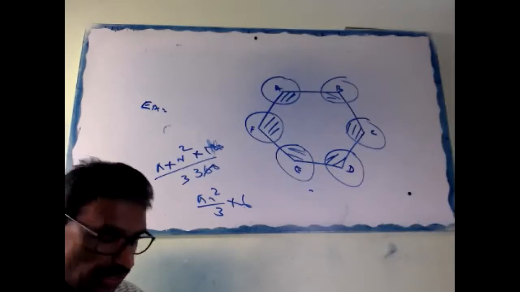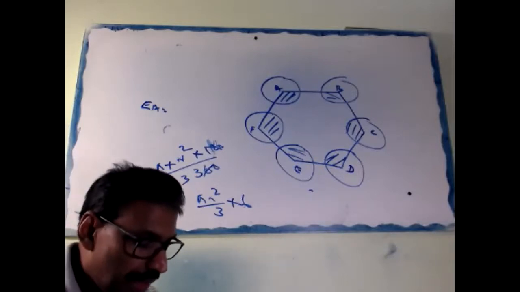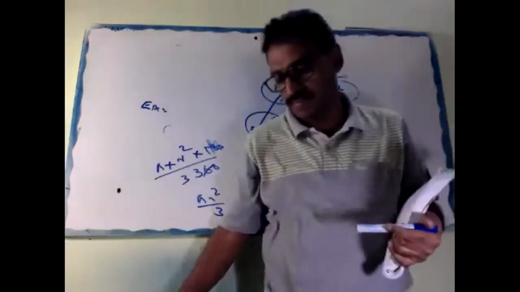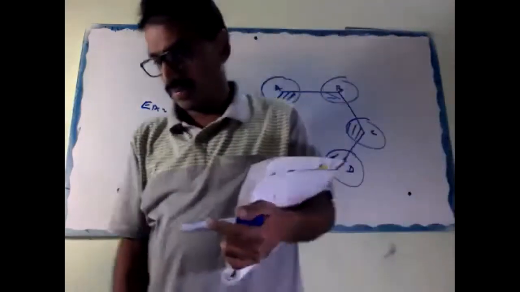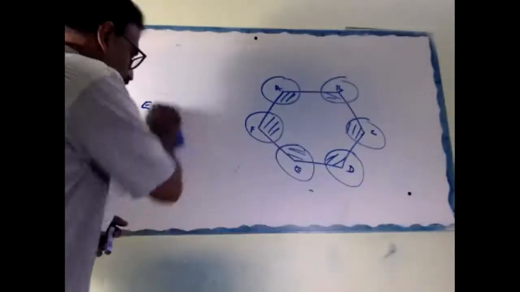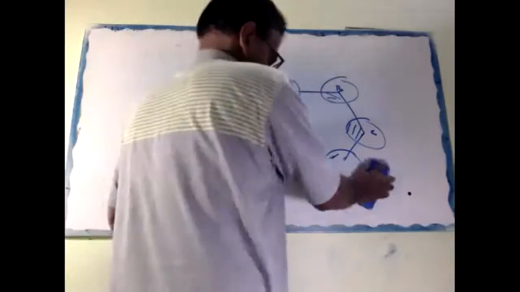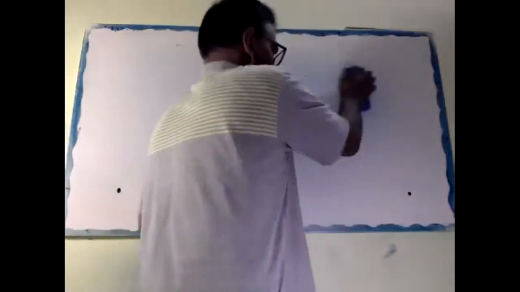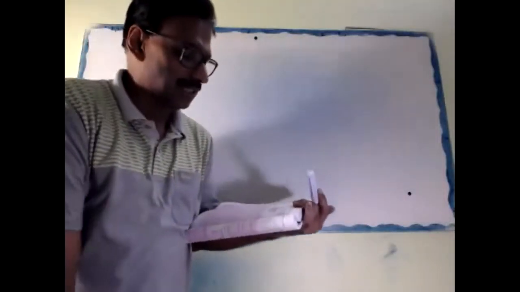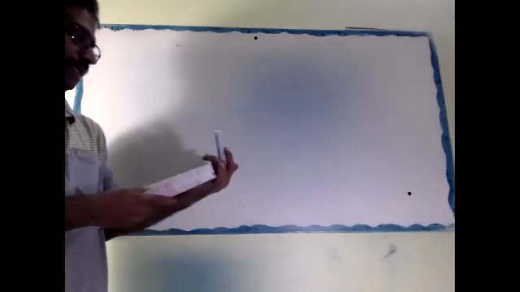So next question. In figure, ABCD is a trapezium with AB parallel DC.